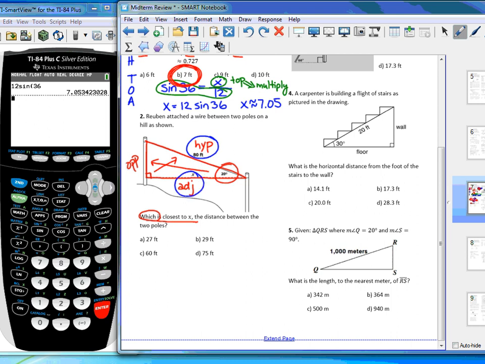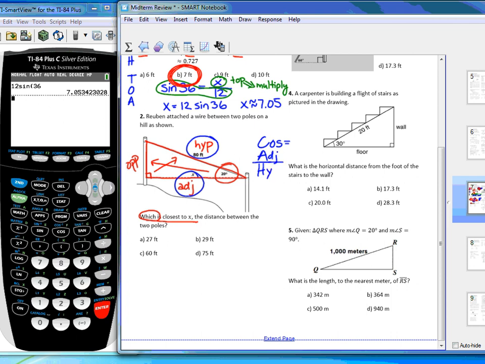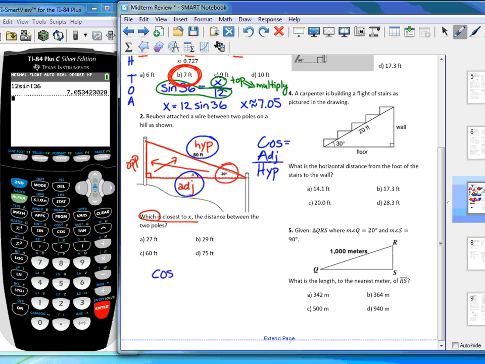And so now I believe I have adjacent and hypotenuse, which means I'm going to be using the CAH of SOHCAHTOA. And the C stands for cosine. And cosine is equal to adjacent over hypotenuse. So I do cosine of 20 degrees equals what's labeled as my adjacent, x, over the hypotenuse, 80.